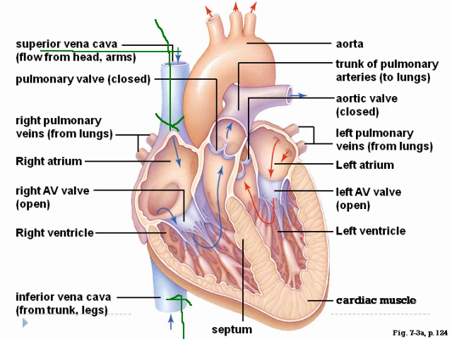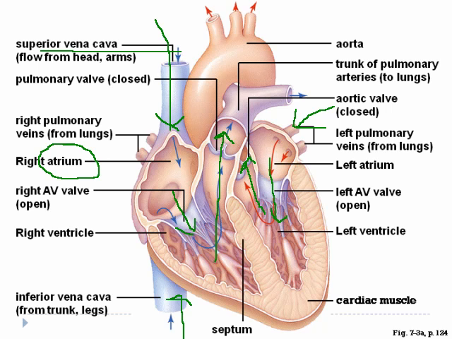Blood comes into the atria. So from those veins, blood goes into the atrium, goes through the AV valve to the ventricle, goes through a semilunar valve to an artery. The other side is no different. Vein, atria, AV valve, ventricle, semilunar valve, artery.